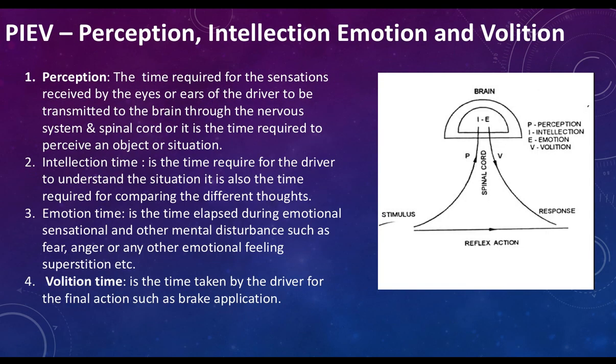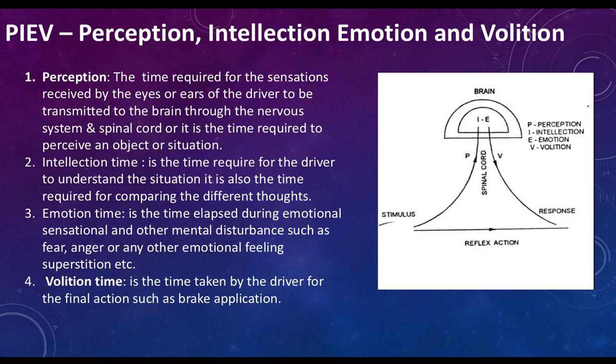Next, coming to this PIEV. What is this? Suppose you are traveling in a car and you see a truck speeding towards you. It's coming at a very high speed, deviating from its path, and it may collide with your vehicle.